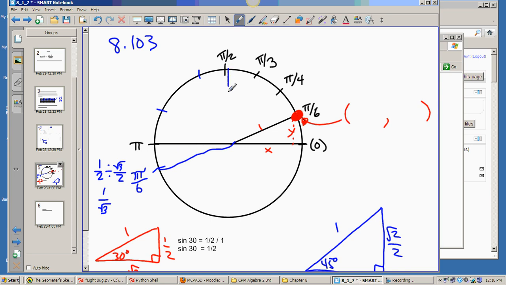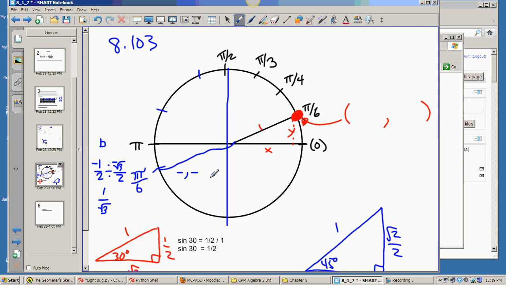So remember, these are like quadrants. And yes, sine is negative and cosine is negative. And what happens when I divide a negative by a negative? I get a positive. And so the tangent, this is for part B, the tangent of 7 pi over 6 would be 1 over the square root of 3.